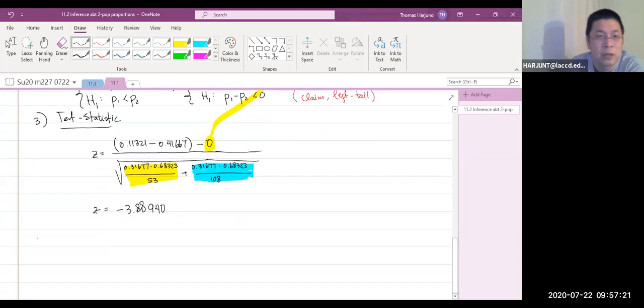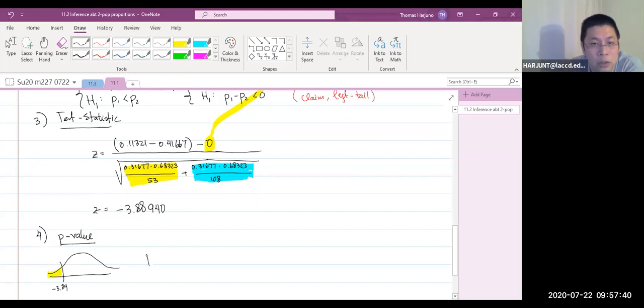And it's a left tail, right? So p value will be, it's a left tail, 3.89 approximately. It's only one tail, so I don't need to multiply by 2. So p value equals normal CDF from negative infinity to negative 3.8894001.